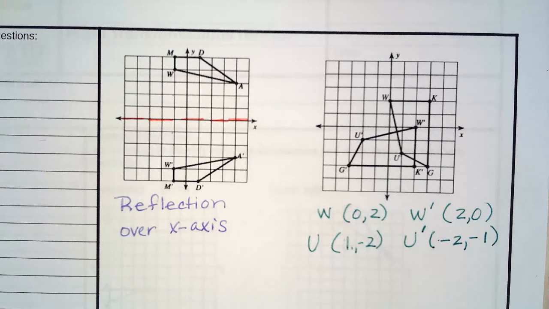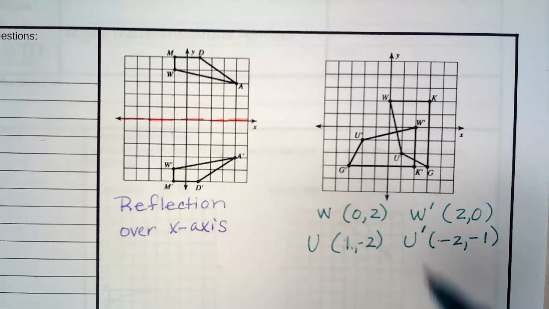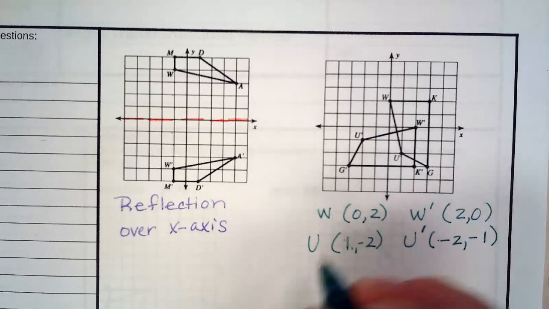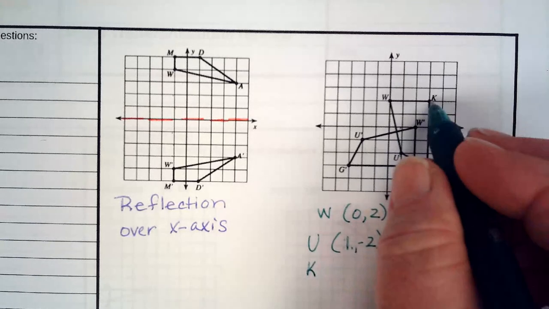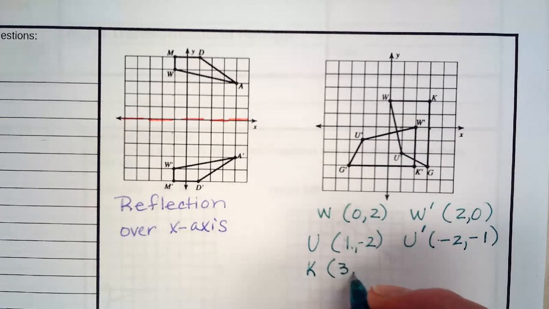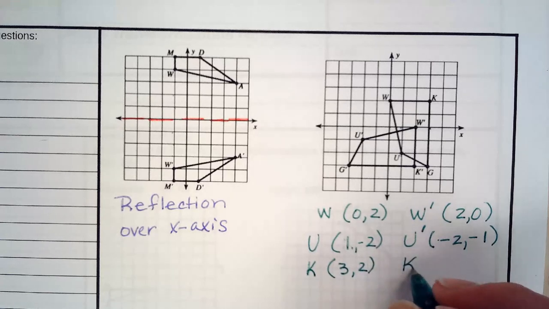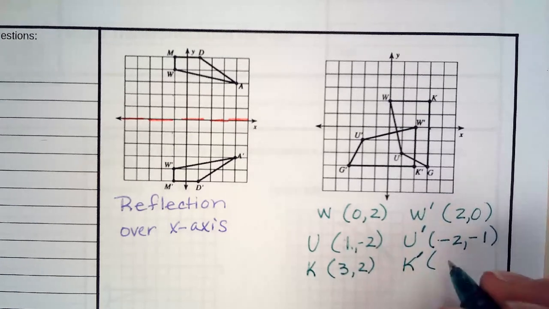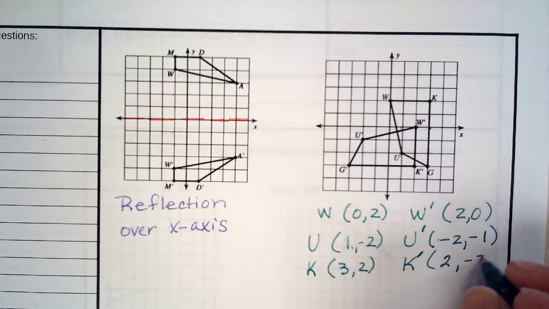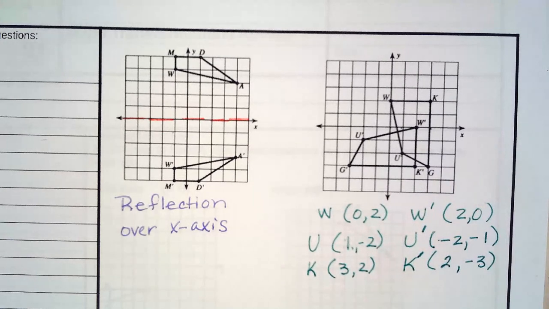What does that tell us? Let's look at one more. Let's look at K. K is (3, 2). K prime is (2, -3). So if you're looking at that, the X and the Y are changing spots and the X becomes the opposite.